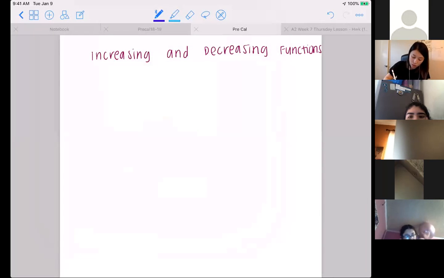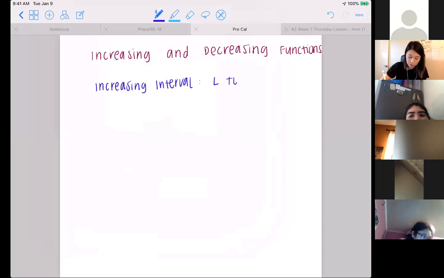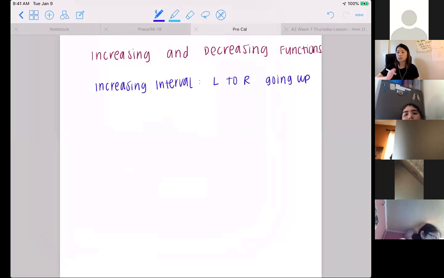When we talk about increasing functions or increasing intervals, we always go from left to right, and it has to be going up from left to right.